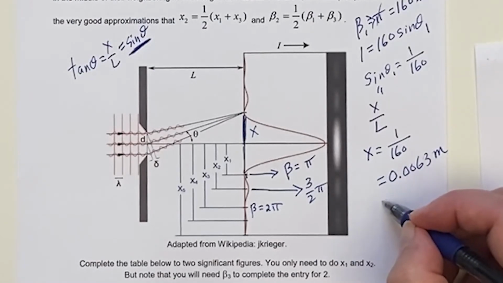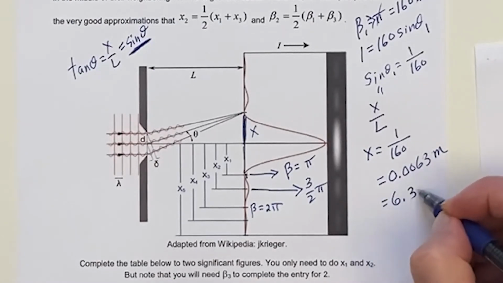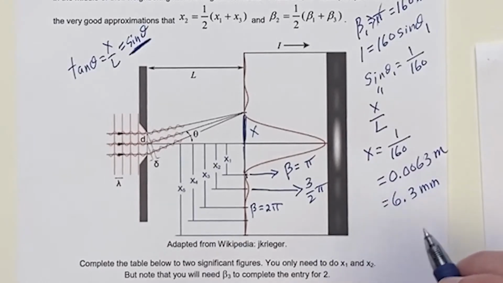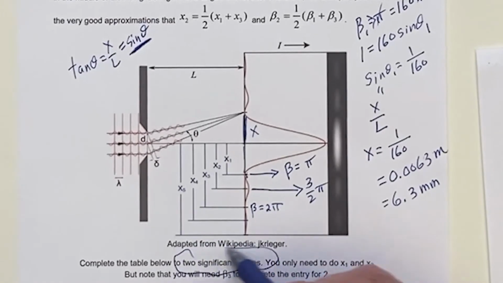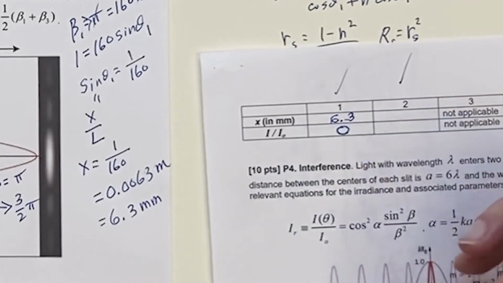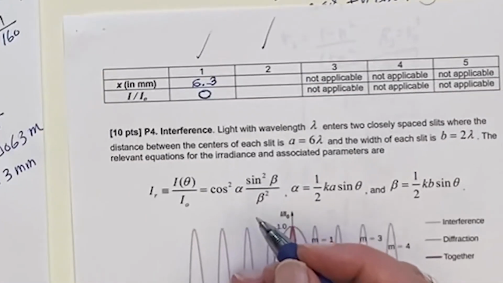Move the decimal point over 3, that's 6.3 millimeters. And this did ask for millimeters, and it also asked for 2 significant figures. So that means we put in this little place here, 6.3. Okay, then we go on to the next one.